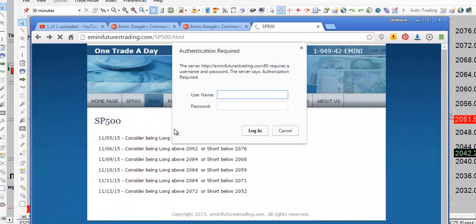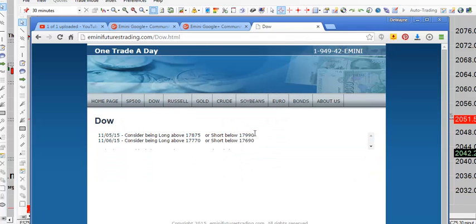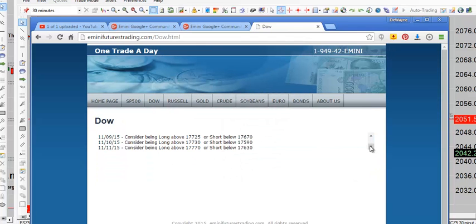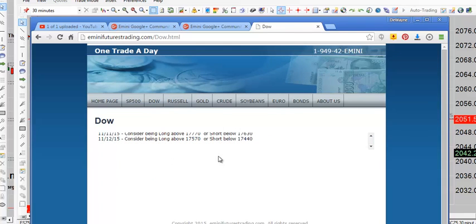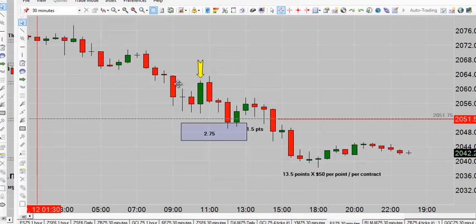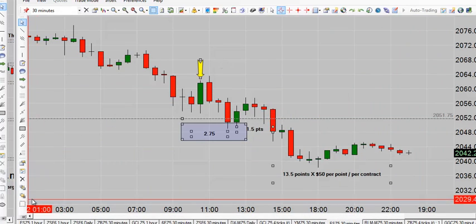Go to the Dow. Username. Password. 11/12. Short below 17,440. So let's make all this go away.